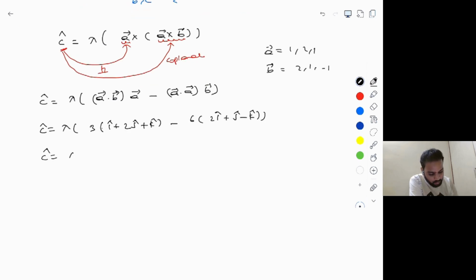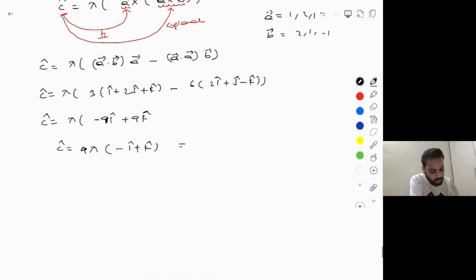C cap will be equal to lambda times 3i minus 12i, which gives minus 9i, and 6 minus 6, which will be cancelled out, for j cap, and then 3k cap plus 6k cap, which gives 9k cap. Finally, you can take that 9 common and write it as 9 times lambda multiplied by minus i cap plus k cap.